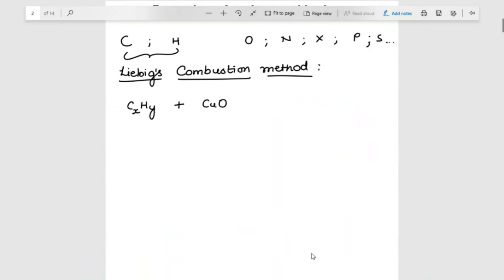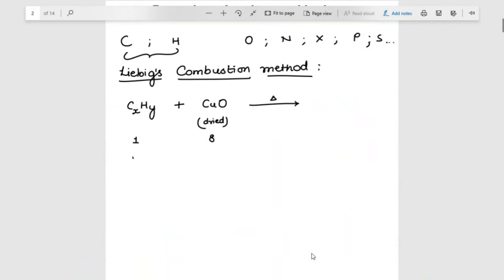We heat it strongly with dried CuO. Now, in practical conditions, we take one part of the compound and 8 parts of CuO. The practical care that we take is that the CuO should be 8 times.